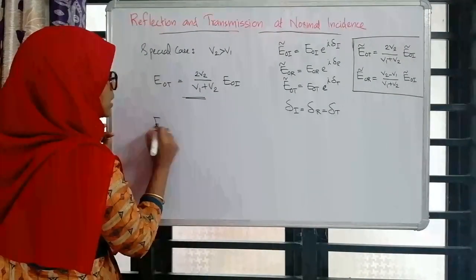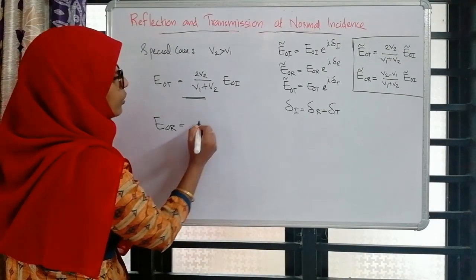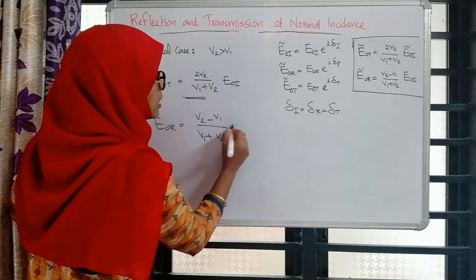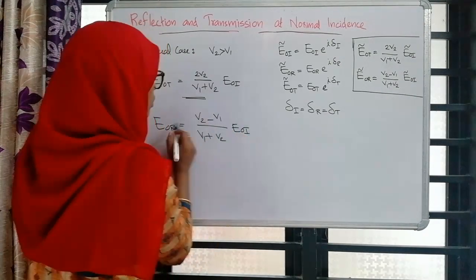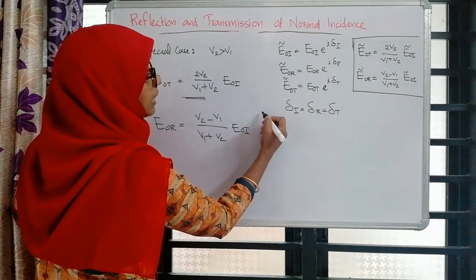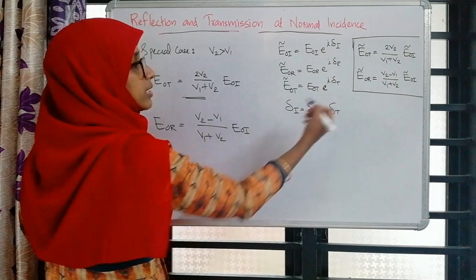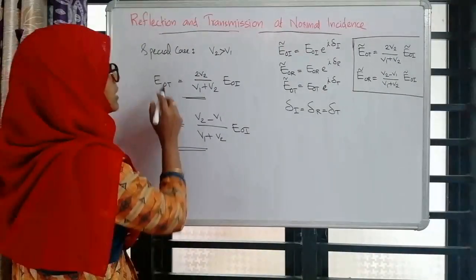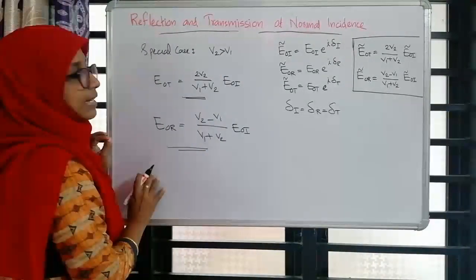And the next equation, E0R will be equal to (V2 minus V1) by (V1 plus V2) E0I. Here also there will be e raised to i delta R and e raised to i delta I, which are also the same. So these are the equations for the special case V2 greater than V1.